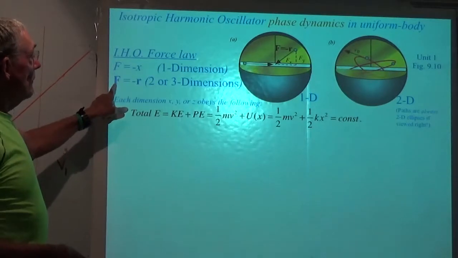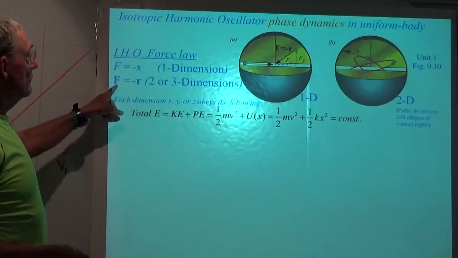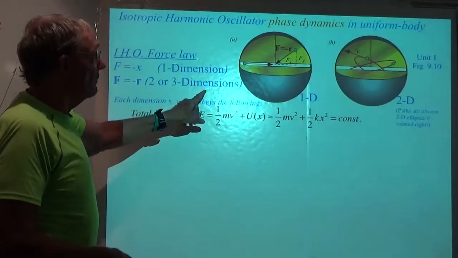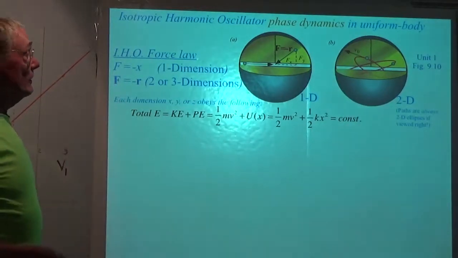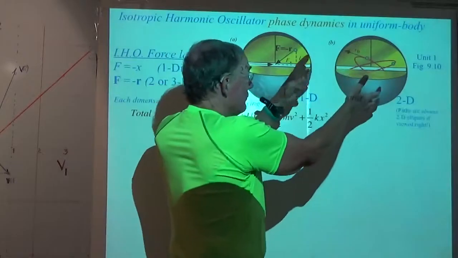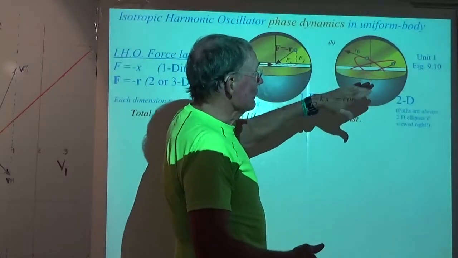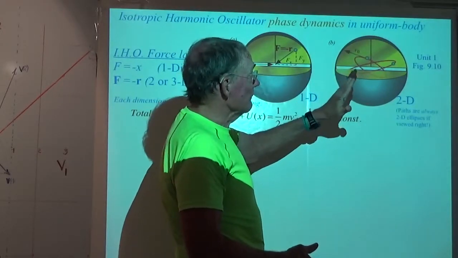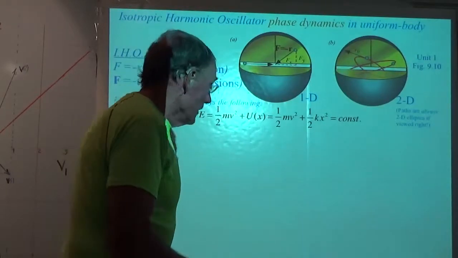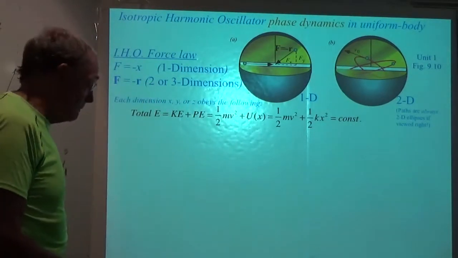In one dimension you probably have a pretty good feeling for it, but we're going for 2, and this is applicable to 3 dimensions because the orbits that you will make inside the 3-dimensional Earth will be ellipses that live in a plane. So all you have to do is orient yourself with that plane, and that will be really a 2-dimensional problem.